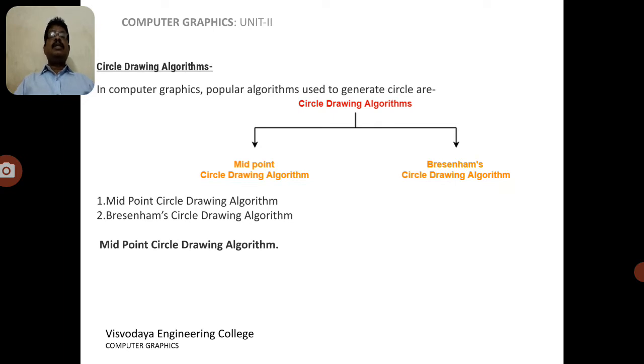What are the basic requirements of this particular circle drawing algorithm? Here the center coordinates are required, in the sense the x and y coordinate.